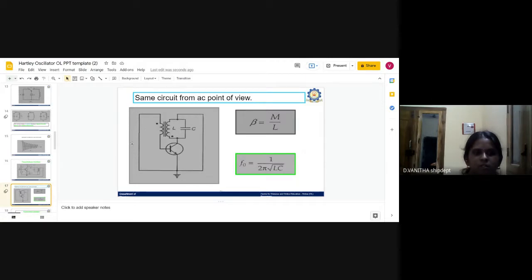So here, the same circuit from the AC point of view is given. Only the tank circuit is taken and it is connected to the transistor.